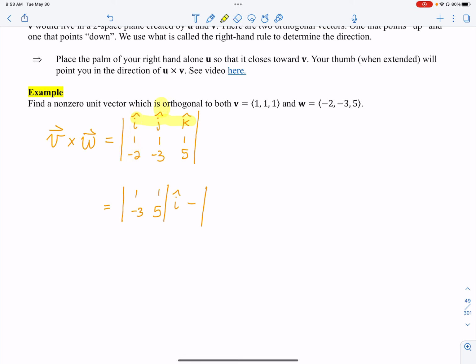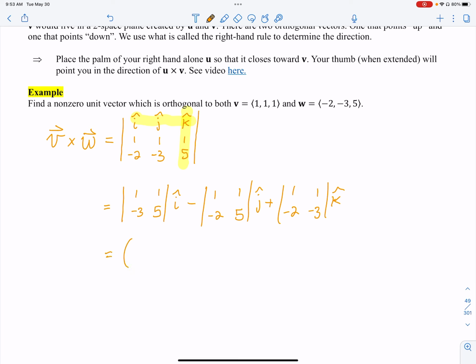Then we cover up the first row and the second column, and we get 1, -2, 1, 5, J. And then the last one, we have plus 1, -2, 1, -3, K.